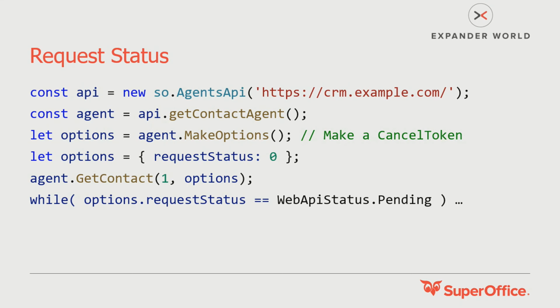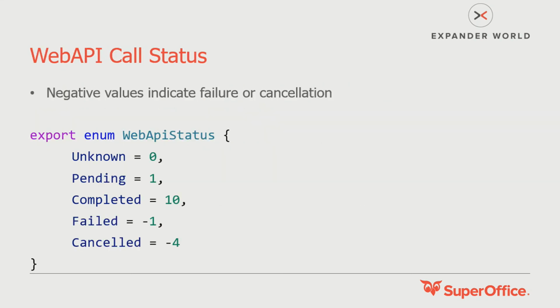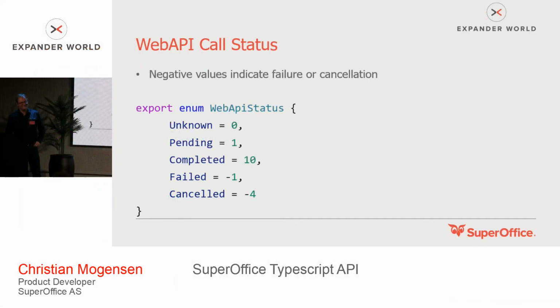You could busy wait on it. Don't do that. But it's at least a way for you to quickly check how it is going with this request. Is it busted or not? There are very few states on this. It's not terribly complex. But that gives us a way to easily access what's going on.